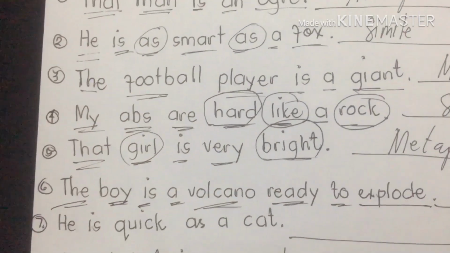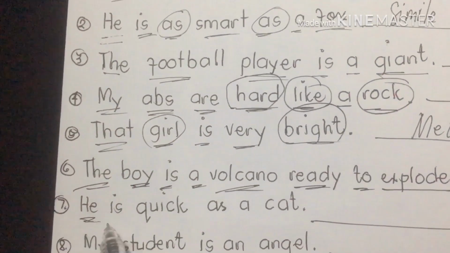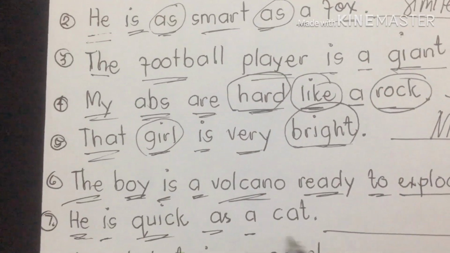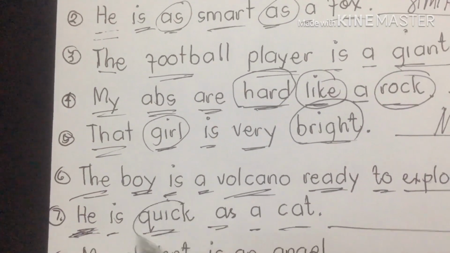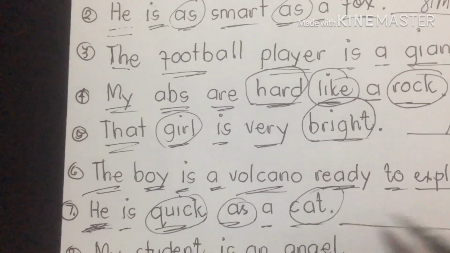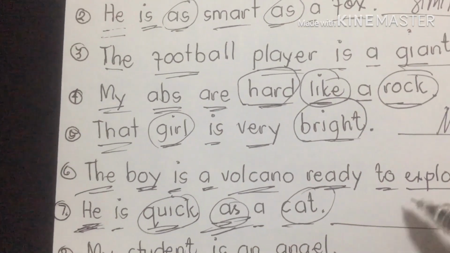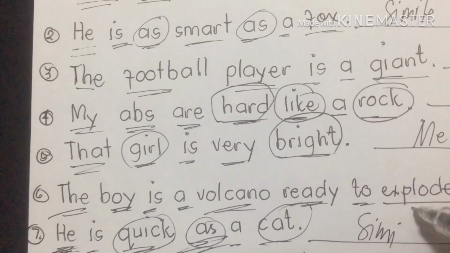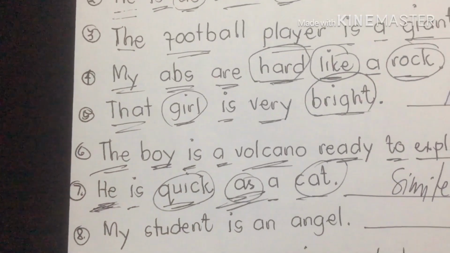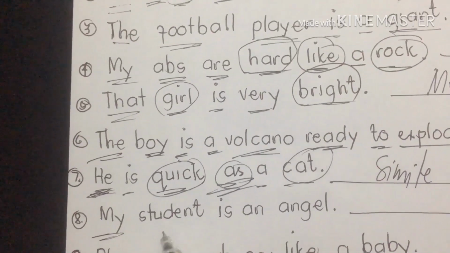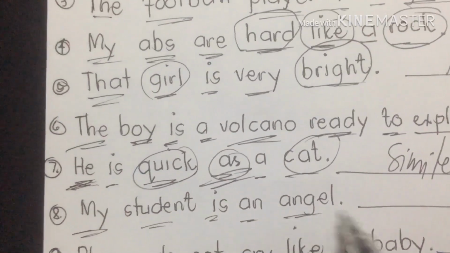Okay. Number 7. He is quick as a cat. It's saying that this man is quick as a cat. But by using as, this is a simile, class. Okay, try to follow, guys. Number 8. My student is an angel.